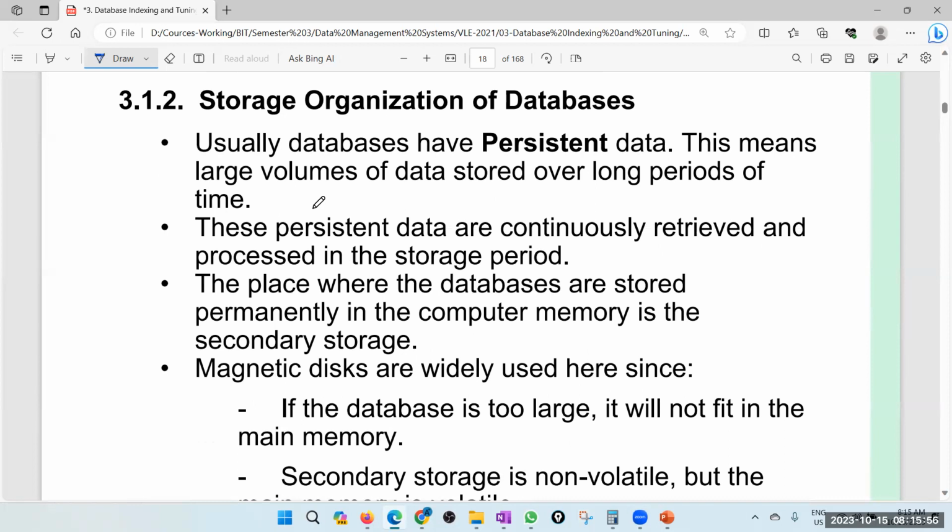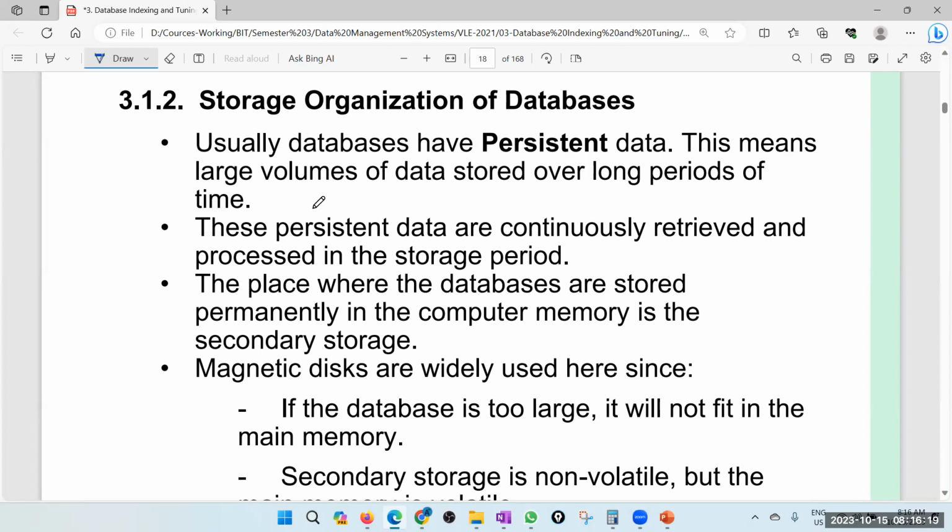Now remember, the main memory RAM and above are volatile. When you switch off the computer or the main power supply is off, contents are lost. So therefore, we need to persist data, permanently save it. So we persist data in secondary storage. That is your SSD or hard disk mainly.